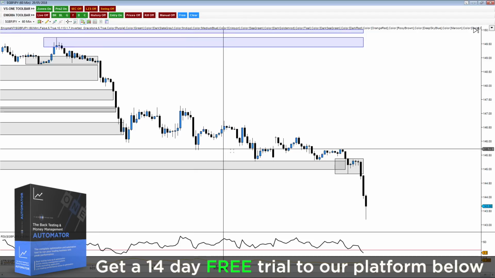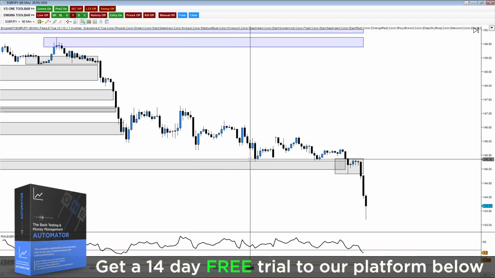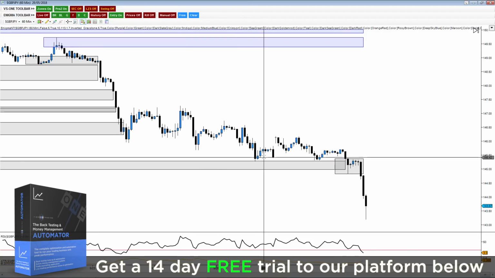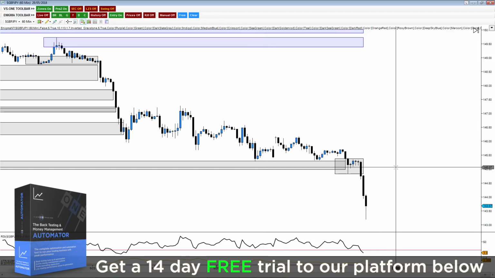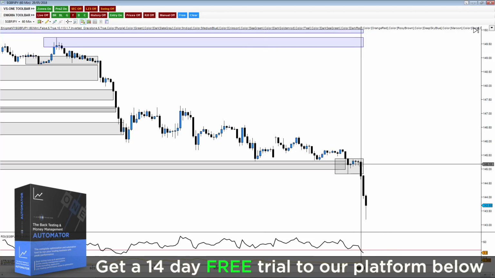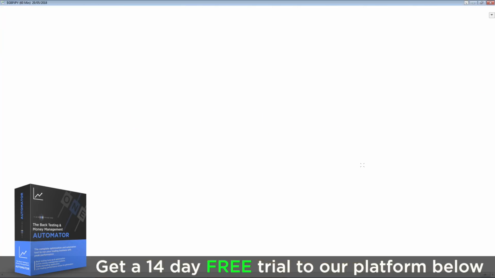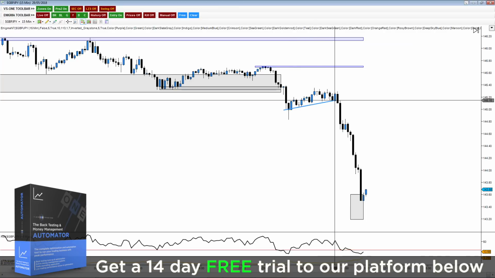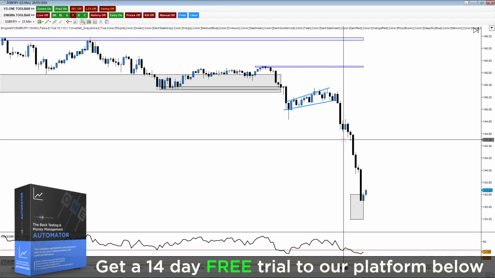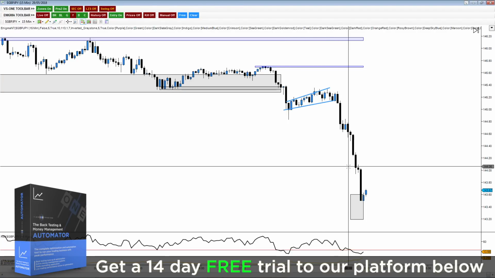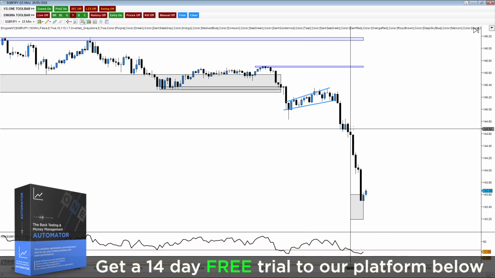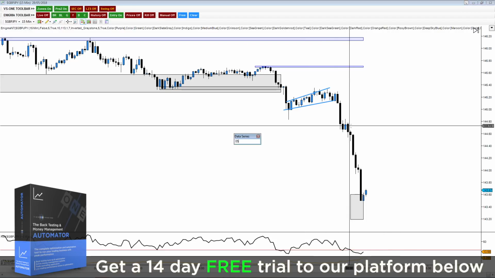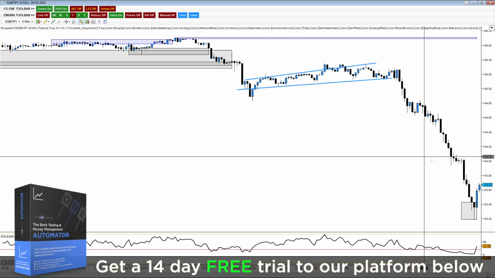Now the problem with most of these markets is that it's just a bit of a waiting game. We're just having to wait for price to pull back before we can start to look at getting involved. But here's the flag pattern from earlier, guys, which I put into the chat just before it played out and broke out. There may be a little structure level down here on a lower time frame, but if there isn't, then we're just waiting.